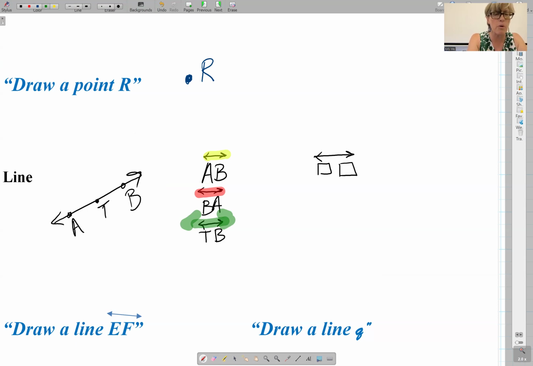So for example, I could have a lowercase cursive T, and it goes either end, right at the arrows, and I could call it line T. And it could be at either end, cursive at the arrows. A line only has 1 dimension. So it only has length.